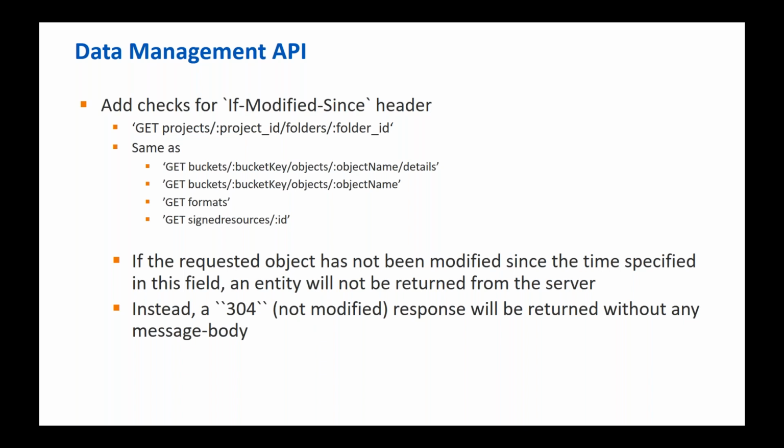In that case, if you specify a header with If-Modified-Since, and you give a date and time, the system will reply with everything which has changed, and will return a 304 HTTP code if nothing was modified, and in that case, the message body will be empty.